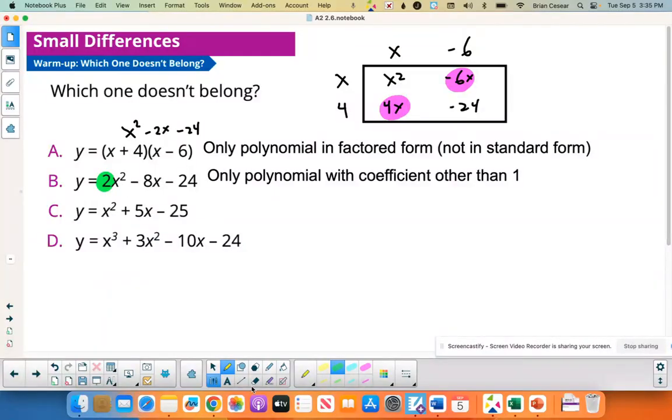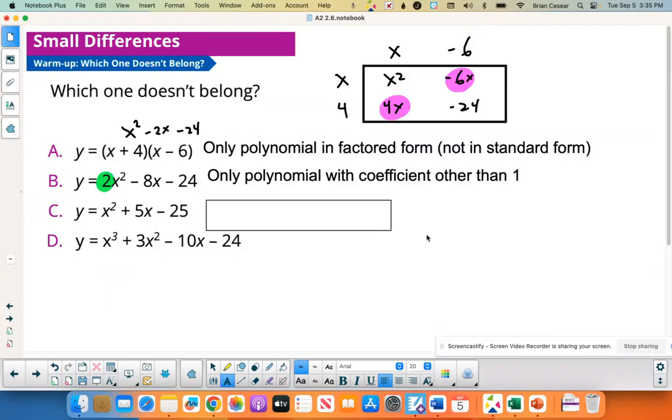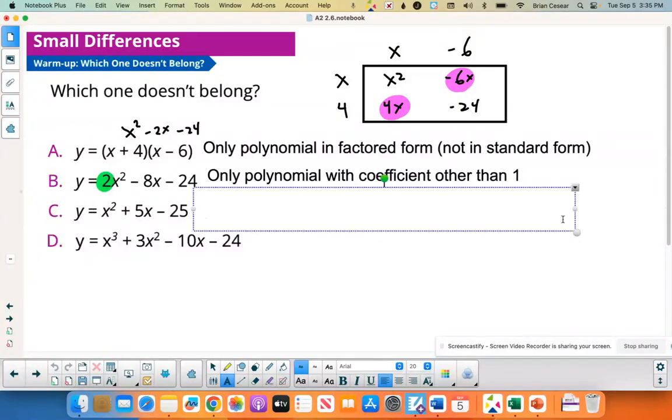So if I look at the third one, when you look at that 25 there at the end, this is the only polynomial with a constant other than 24, or negative 24, I should say.